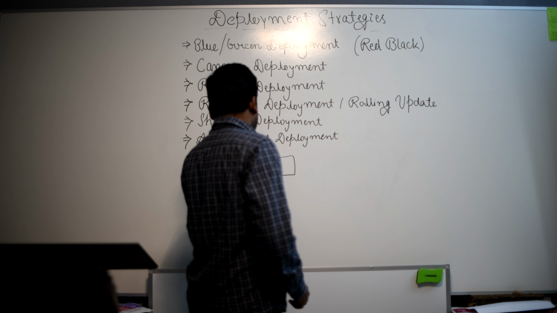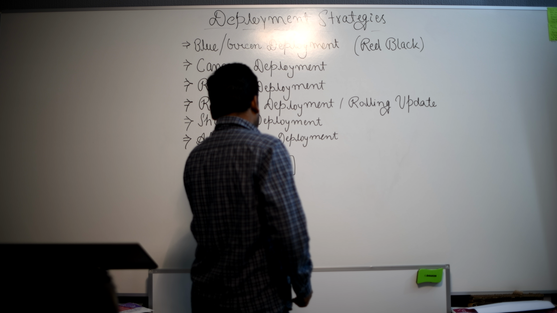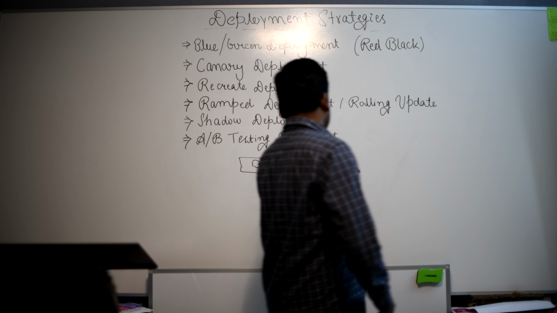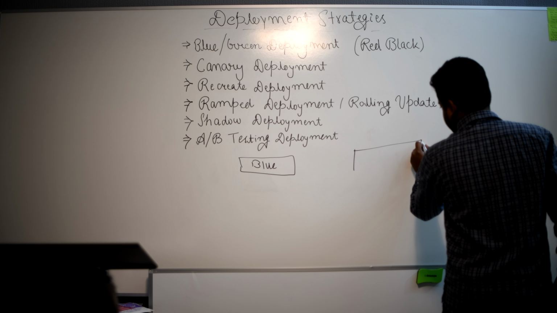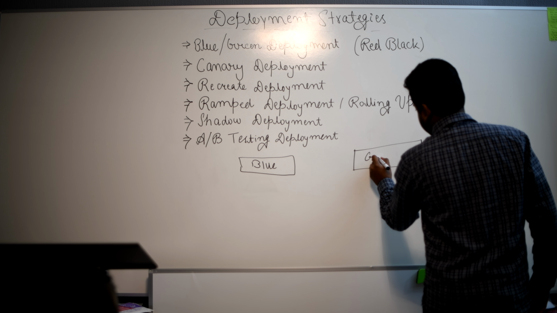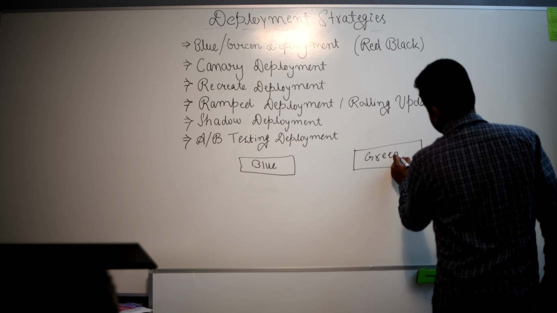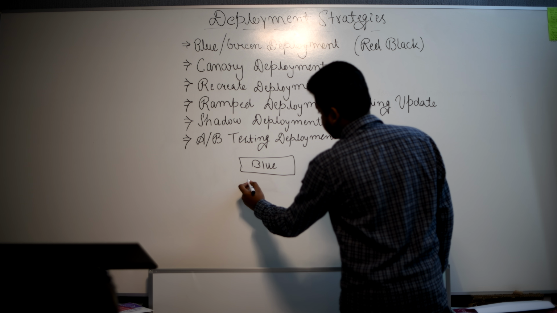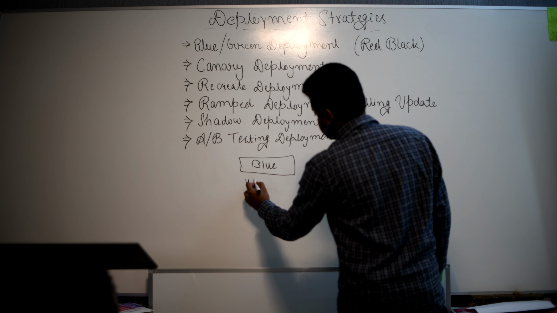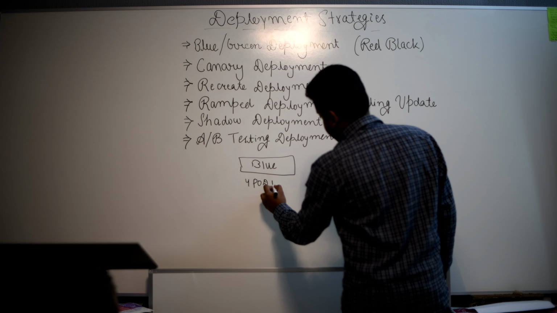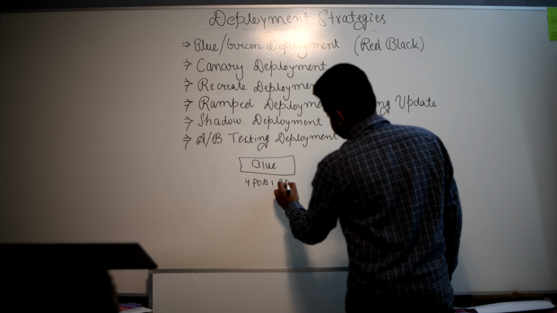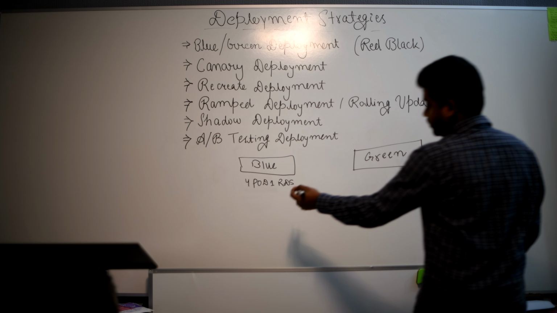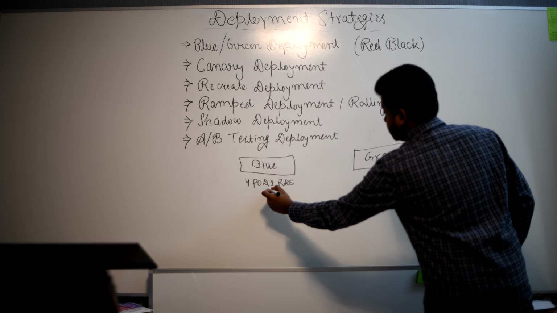Like this is blue. This is your one production server. This is another production environment or server. Let's assume this one has 4 pod and 1 RDS. This is the state of your infra.